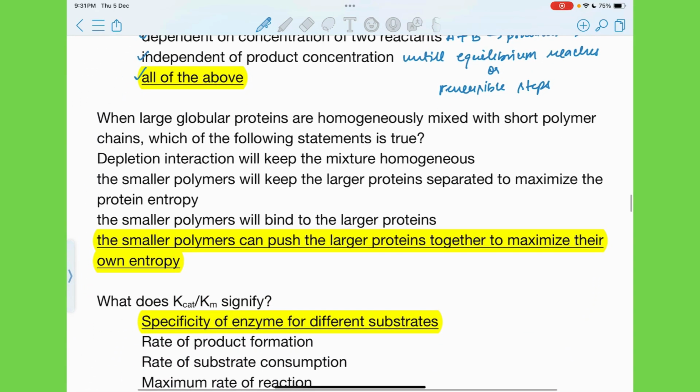Next question says, when larger globular proteins are homogeneously mixed with short polymer chains, which of the following statement is true? Okay, so when larger globular proteins are homogeneously mixed with the short polymer chains, we call it as depletion interaction.